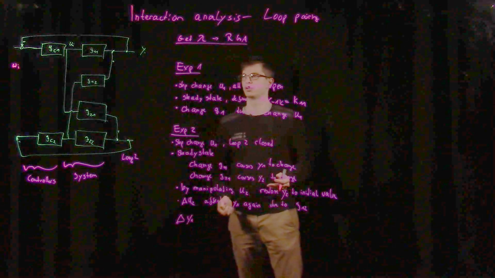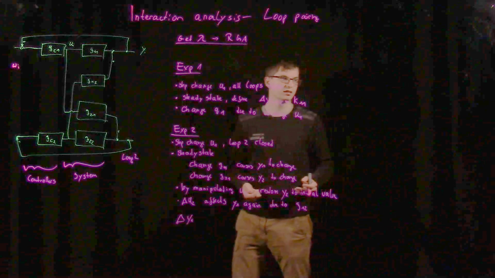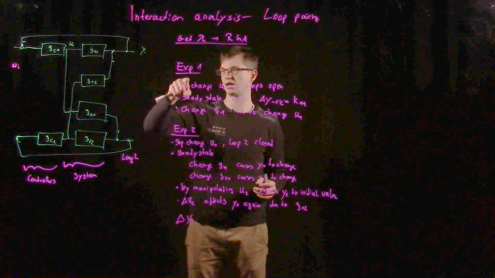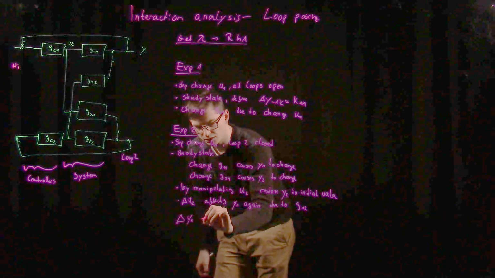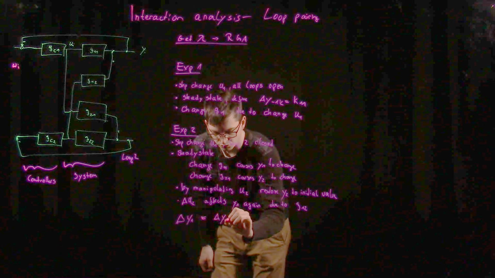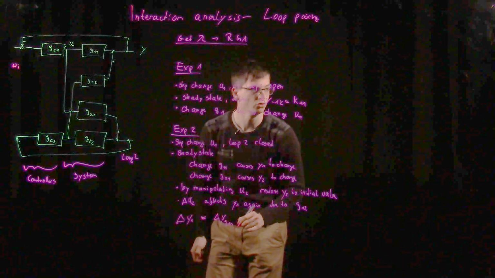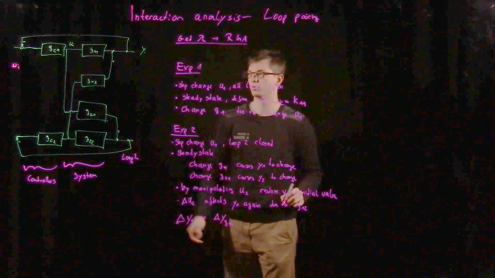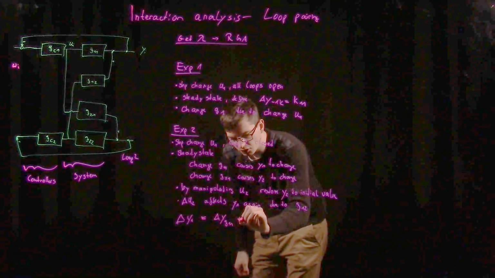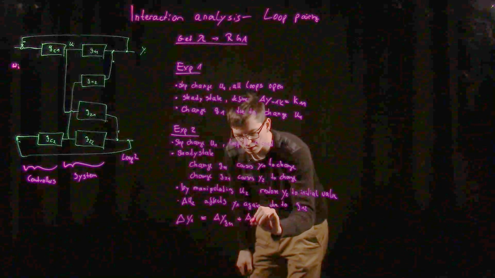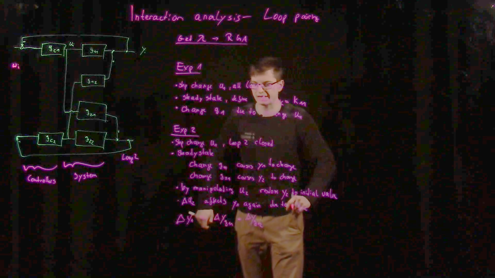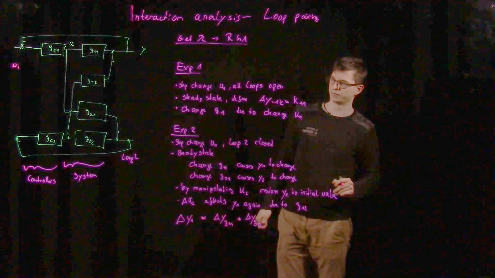Yeah, it's a mixture. It does not only come from G11, the direct couple, but also from G12. So plus delta Y caused by G12. And there we have our interaction.